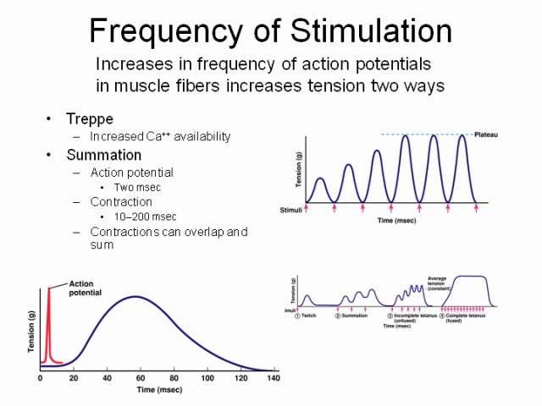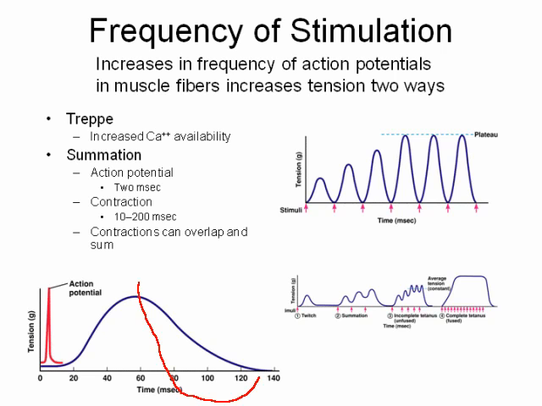So how does the frequency of stimulation affect it? Well, first of all, increases in frequency of the action potentials in the muscle fiber itself increases tension in two ways. And of course, a greater frequency of action potentials coming in from the motor neuron is going to produce this greater frequency of action potentials within the muscle fiber. The first of the two ways is what's called treppe. It's a French word, that as you have greater frequency of action potentials, keep in mind that the relaxation phase of the muscle is a more prolonged event than is the contraction phase.